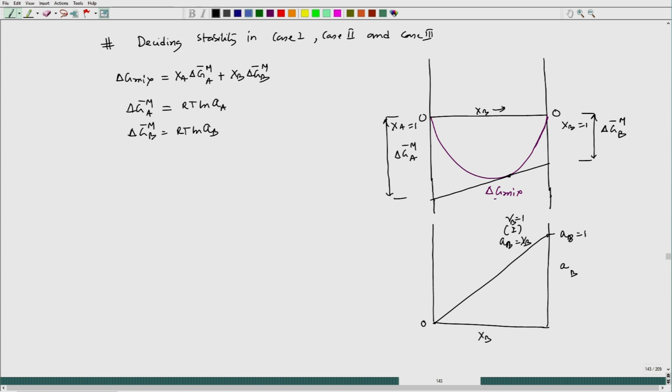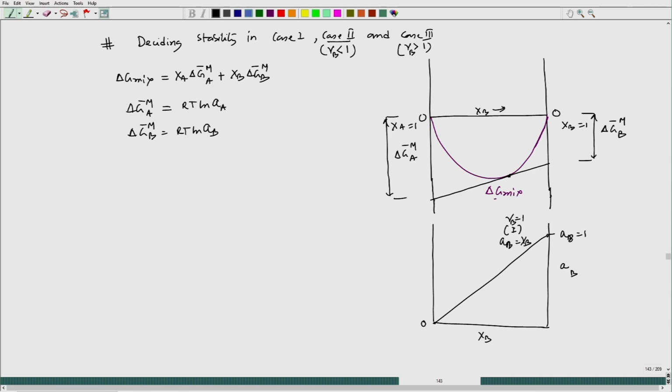But let us say a situation where, for example, in case 2, since alpha is less than 1, we can write gamma less than 1. So, gamma is less than 1 in case 2, and in case 3, gamma is greater than 1. Fine. Let us say we are considering with reference to B first.